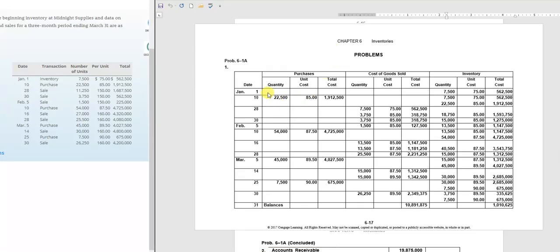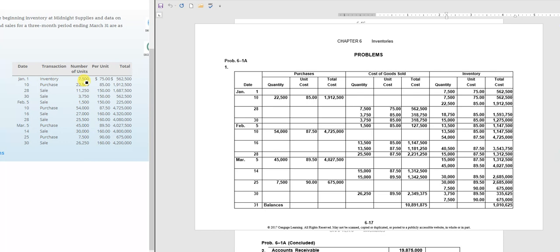Okay, so generally in our problem, you'll have some columns for purchases, a column for cost of goods sold, and a column for inventory. I don't always do the total cost until I get done. So, you can leave that out if you want, but at some time the total is important, and I'll tell you when those times are. So notice we have inventory.